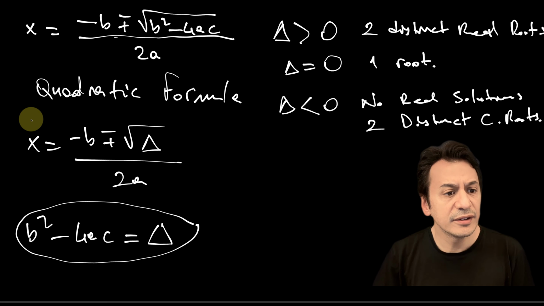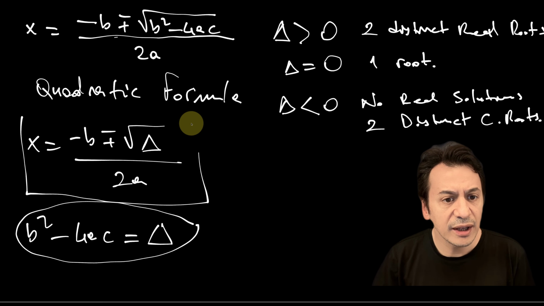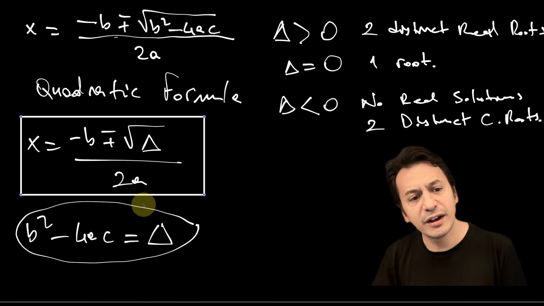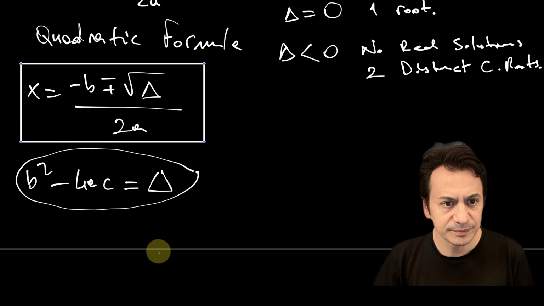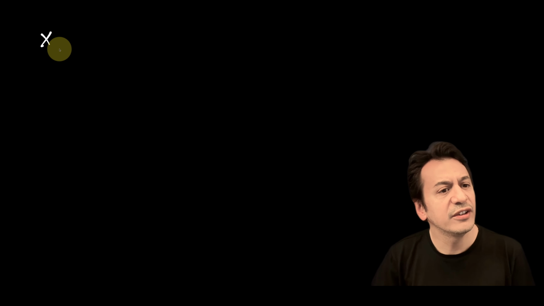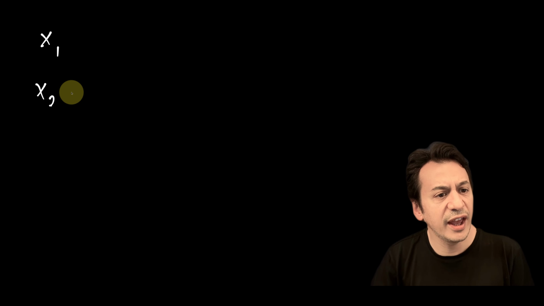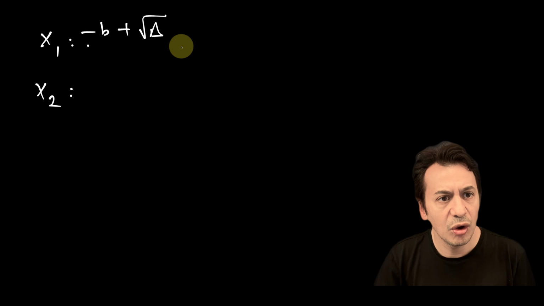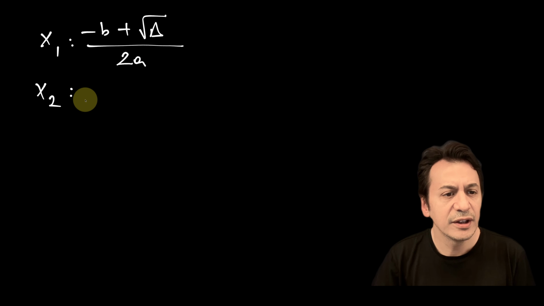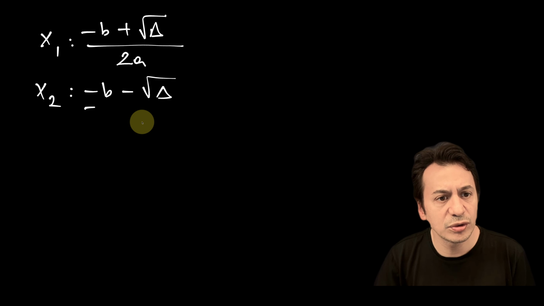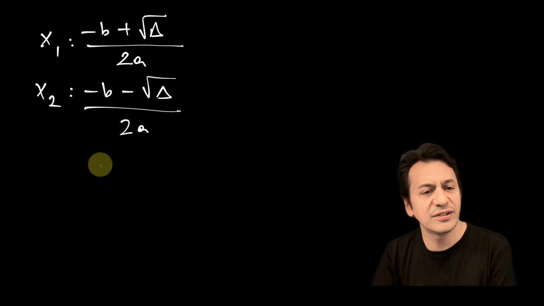And this formula leads us to some very interesting consequences, like, say one of my roots is x1 and one of my roots is x2. Now this will be minus b plus the square root of delta over 2a. This will be minus b minus the square root of delta over 2a. These are my two distinct roots.